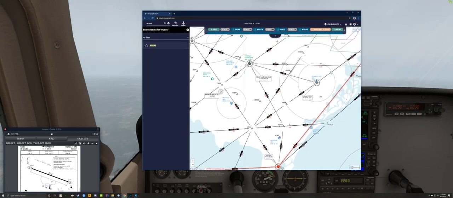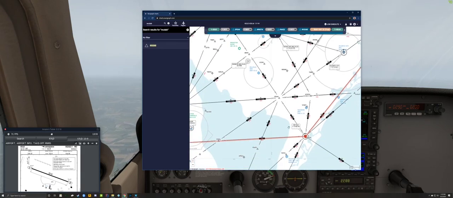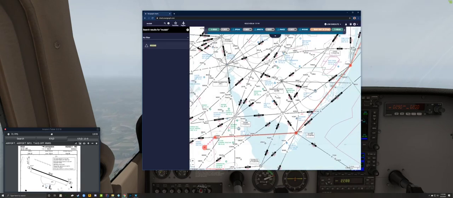Let me pick Atlantic City 117.15, ACY. Should be close enough to pick that up, but it doesn't look like we are.